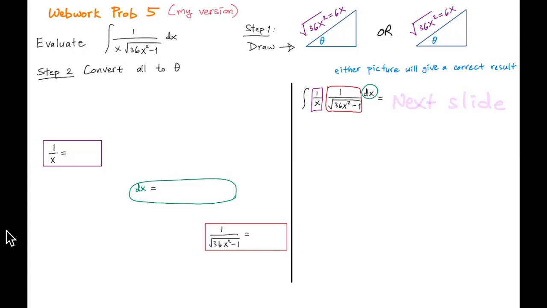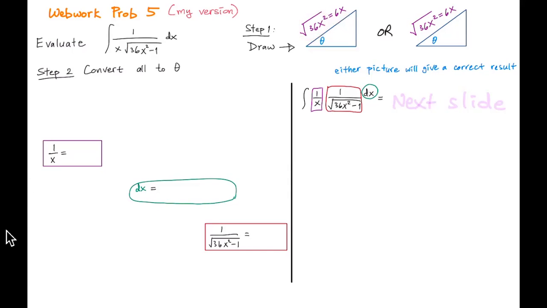So I'm going to put this value either here or here. But because this is minus 1, I'm going to put this value, which would have to be bigger than 1, to be the hypotenuse. So that's why I have written here, square root of 36x squared equals 6x.